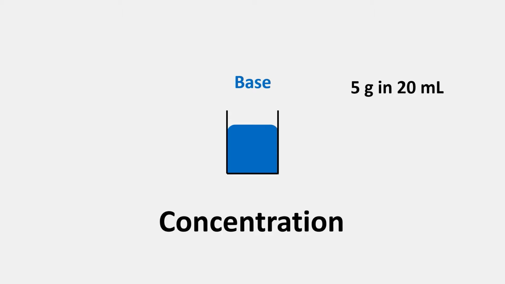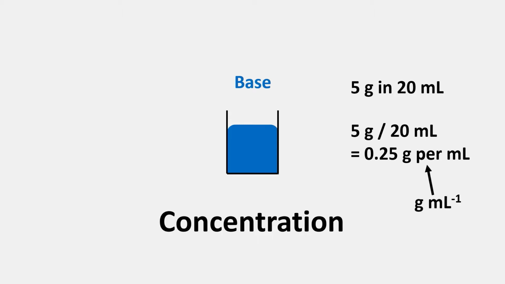We can perform a division to work out how much we have in each millilitre. And as you can see, we have 0.25 grams per millilitre, which can be written neatly as g/mL or g mL^-1.